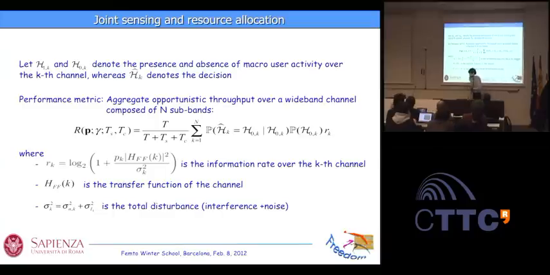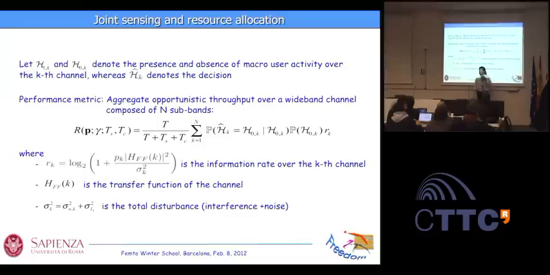So this is fine. Pay attention just to a fact. This is not the expected value of the rate, because in principle we could also transmit in another situation where there is someone transmitting, causing interference over, let's say, the kth subchannel. We don't realize that there is an interference there, and we transmit there. So in that case, I should add one more term here, implying that there is a probability that someone is there, but I take the decision that no one is there, conditioned to that event.